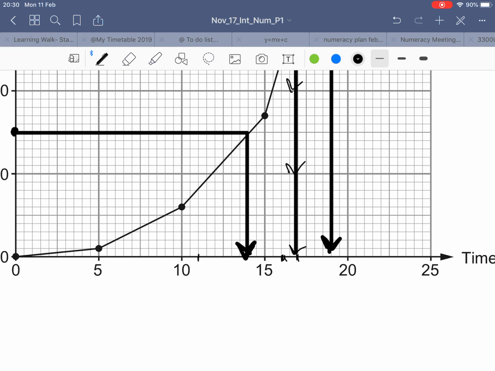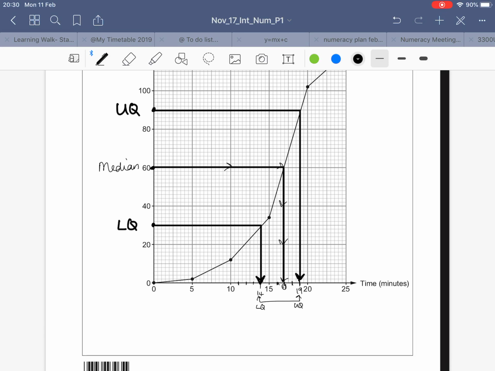So we have 10, 11, 12, 13, 14, 15, 16, 17, that was the median, 18, 19. So these two are my quartiles. That's the lower one and that's the upper one. And the interquartile range is the gap between them.